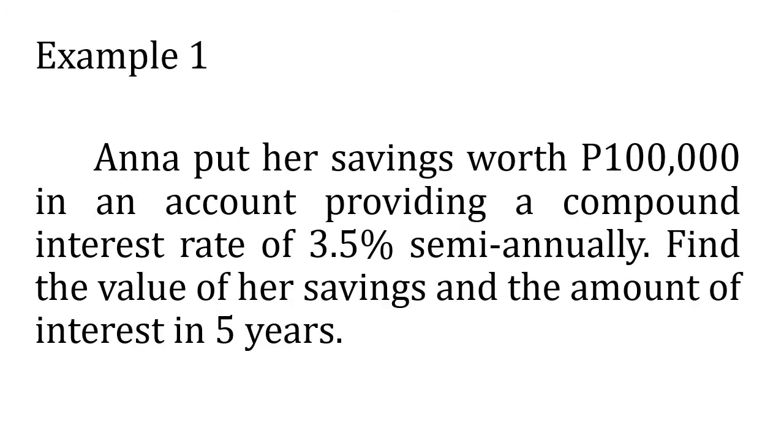Example 1. Anna put her savings worth 100,000 pesos in an account providing a compound interest rate of 3.5% semi-annually. Find the value of her savings and the amount of interest in 5 years. So here, let us analyze the given.